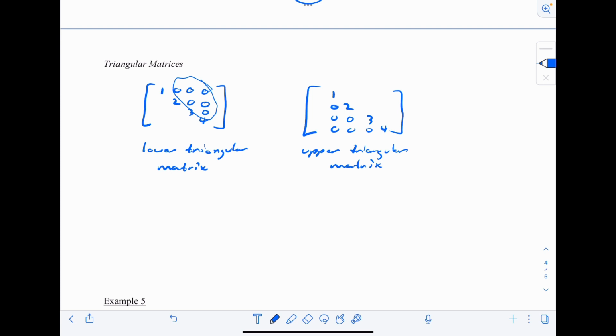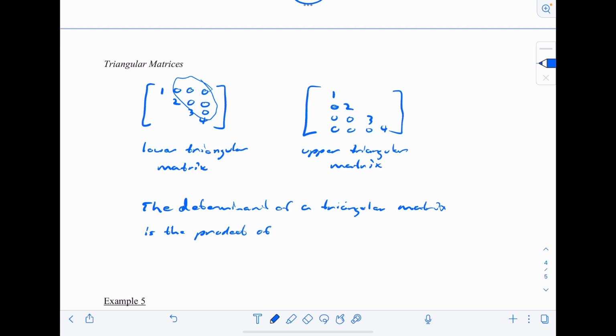The determinant of a triangular matrix is the product of the entries in the main diagonal.